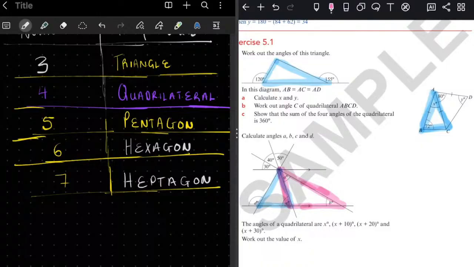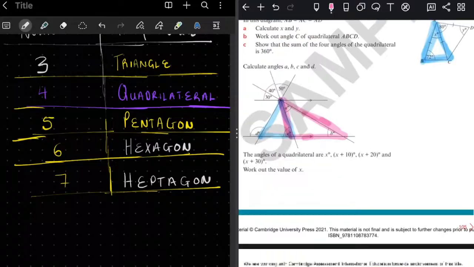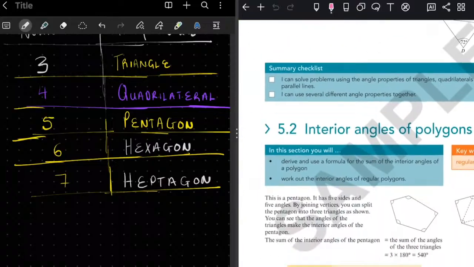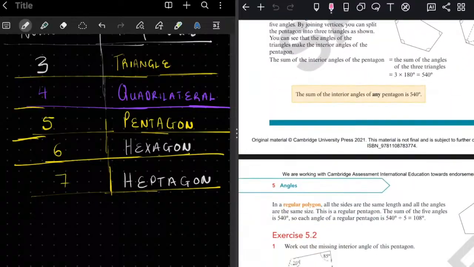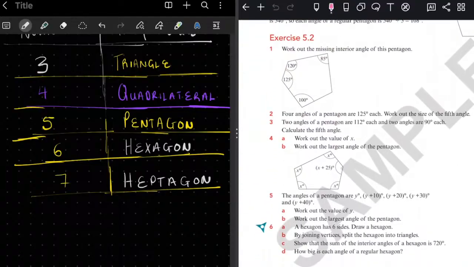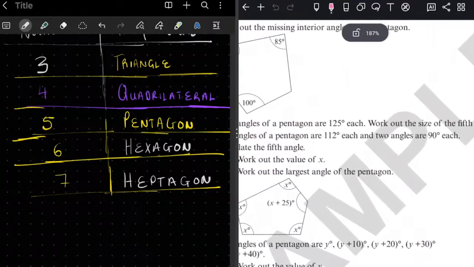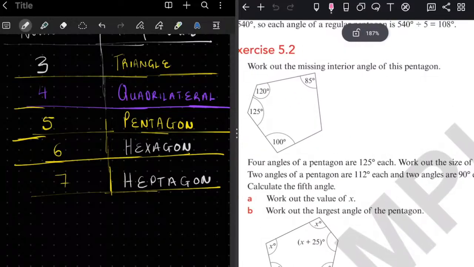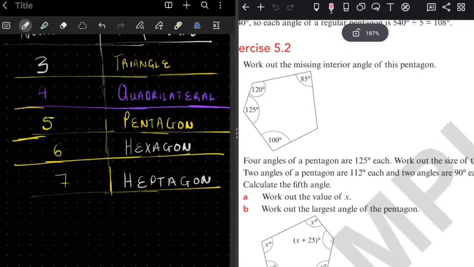Is a square a quadrilateral? Yes, because it has 4 sides. Then when you have 5 sides, pentagon. 6, hexagon. 7, heptagon. So now let me show you the type of questions you'll be asked. Here they say, find the missing interior angle of this pentagon.